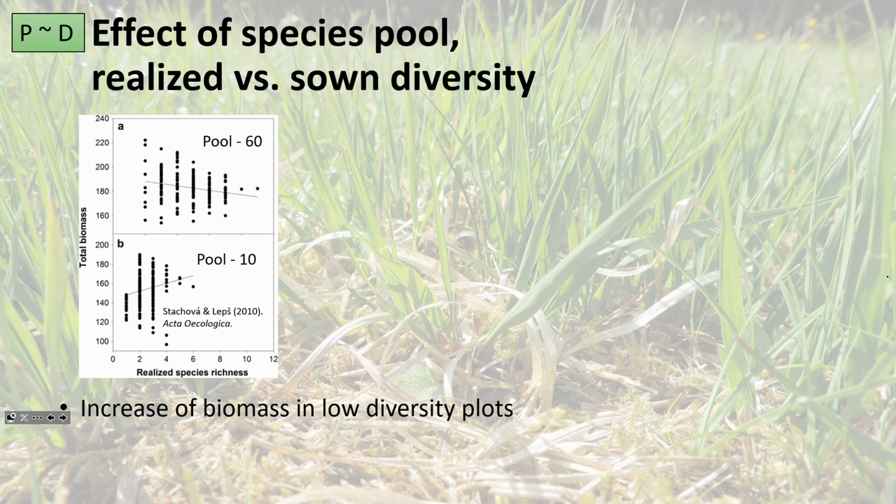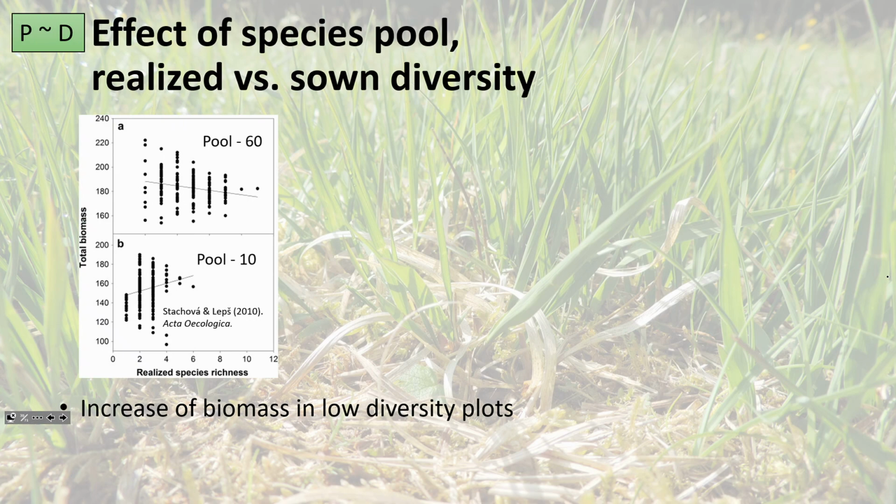So if you have a species pool of few species, let's say 10 species, and look at the diversity productivity relationship, you see something you would expect, a positive relationship, fine. However, if you pick species from a pool of 60 species, it's completely reversed.